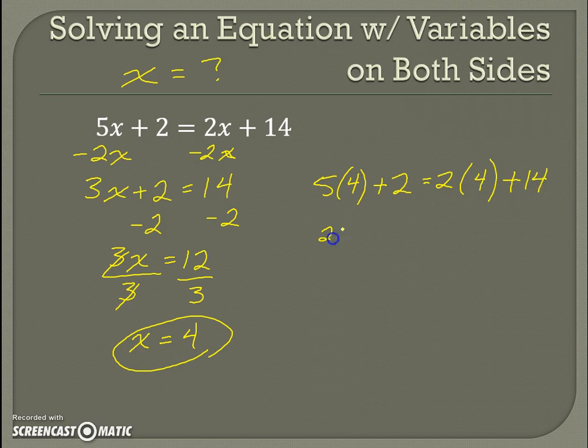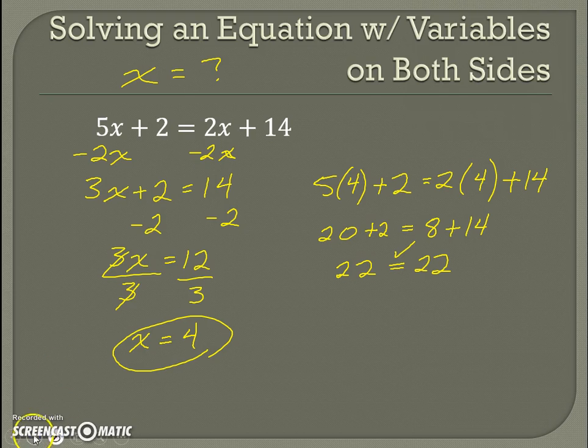Well, 5 times 4 is 20, and then plus 2 equals 8 plus 14. Well, 20 plus 2 is 22. And 8 plus 14 is 22, and ta-da. In my opinion, you should never ever get these kind of problems wrong because you could always check your solution. So I encourage you to do that. Please make sure that you are doing that.